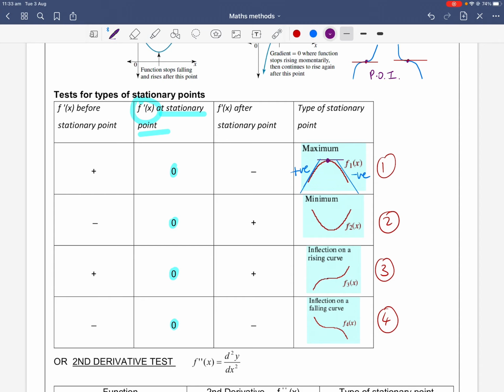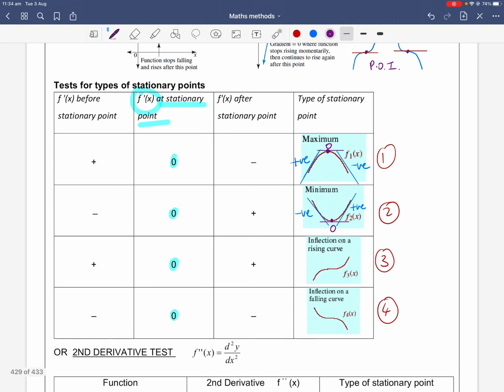And similarly, if we look at the minimum type, at the stationary point or the turning point, we know the gradient is 0 because it's a flat tangent there. But a little bit to the left of the graph, tangents will be going downwards, so the gradient would be negative. Versus a little bit to the right of that turning point, we have positive gradients because the tangent line is pointing upwards.